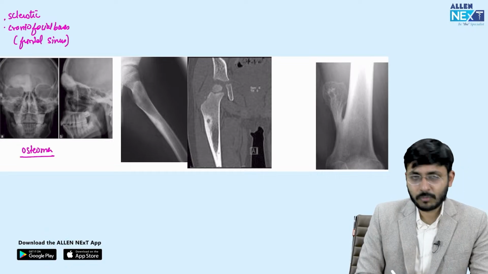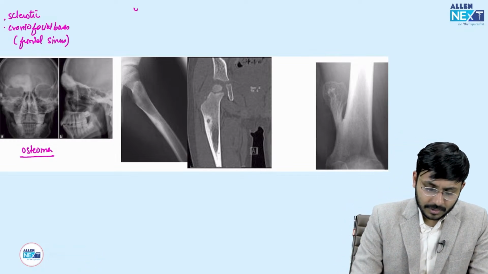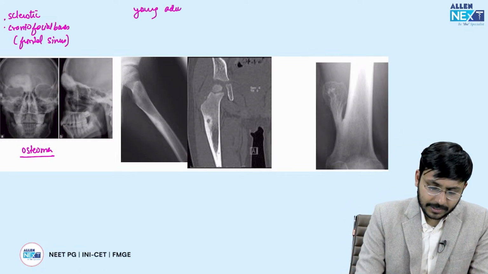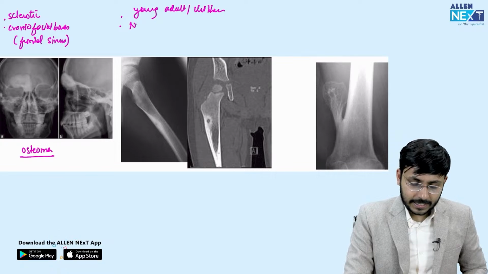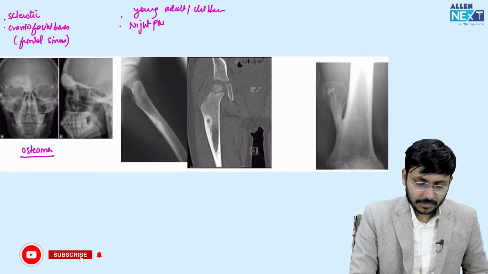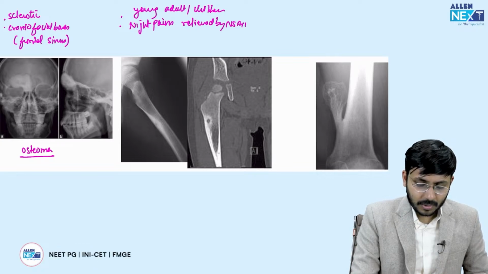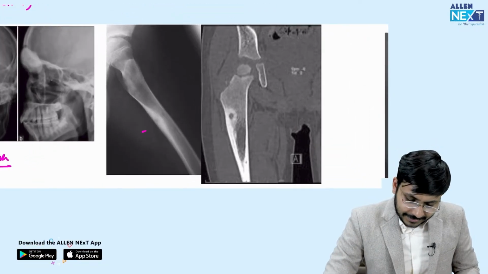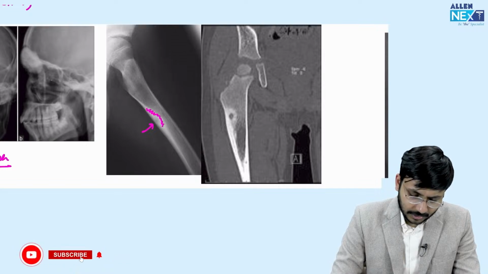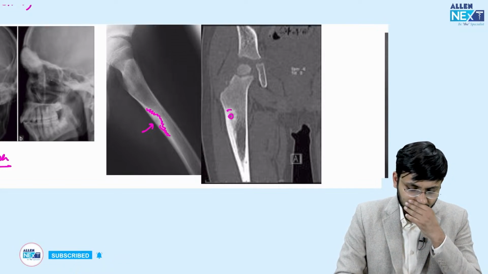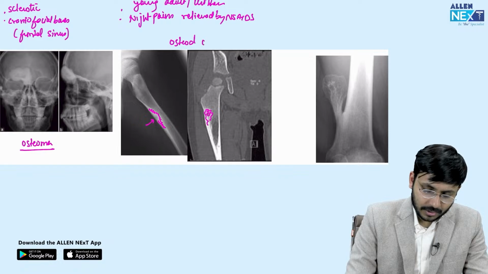osteomas, simple osteoma, correct? But if your patient profile is that of a young adult or even children, and in the question it is given night pains relieved by NSAIDs, and on an X-ray or a CT you see a small central lytic area with very good surrounding sclerosis, a small central nidus surrounded by good sclerosis, then the answer is nothing but an osteoid osteoma.